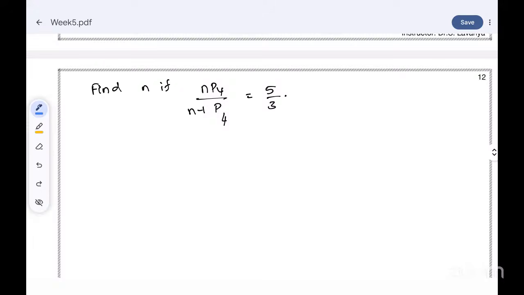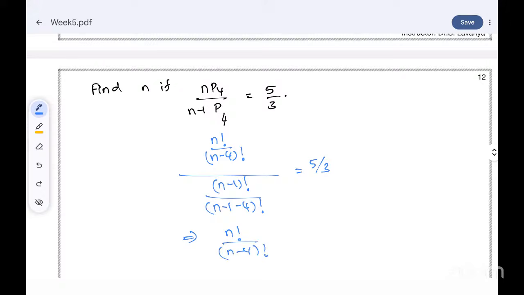n factorial by (n minus 4) factorial, divided by (n minus 1) factorial by (n minus 1 minus 4) factorial, that is (n minus 5) factorial. For easier purpose, I can rewrite it as n factorial by (n minus 4) factorial is equal to 5 by 3 into (n minus 1) factorial by (n minus 5) factorial.